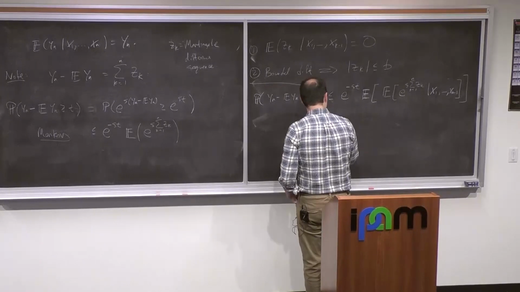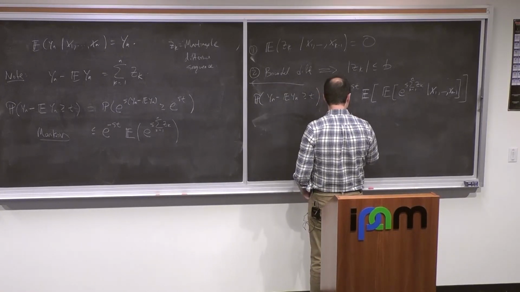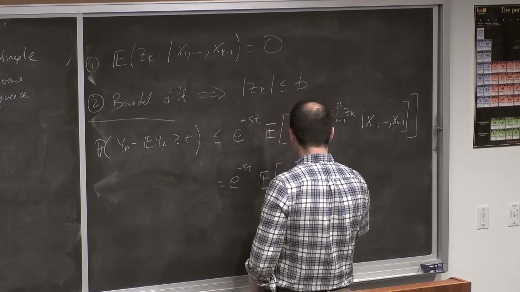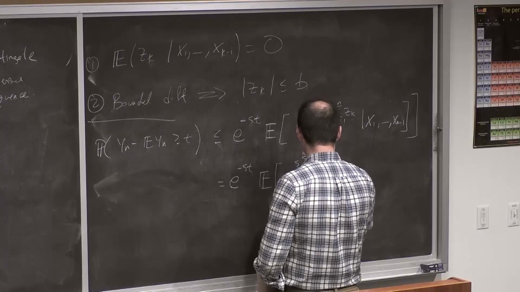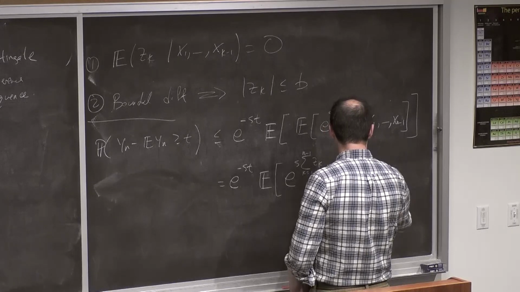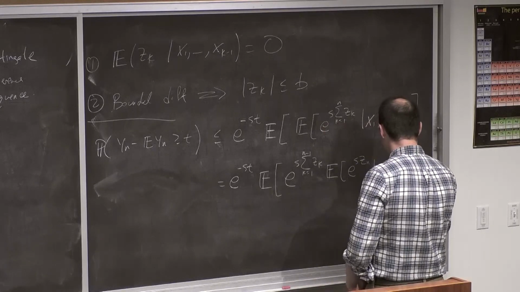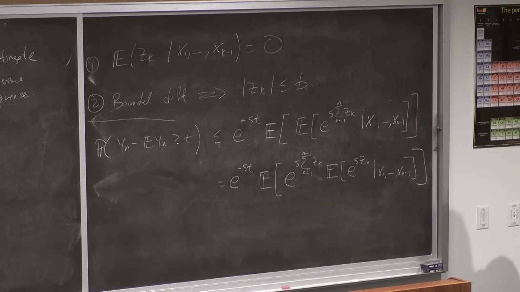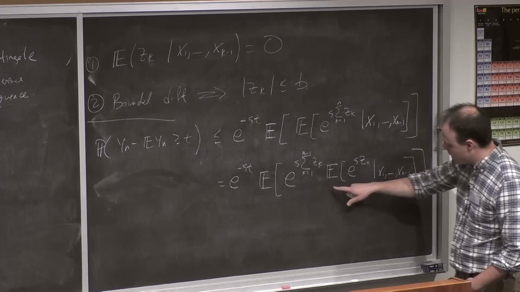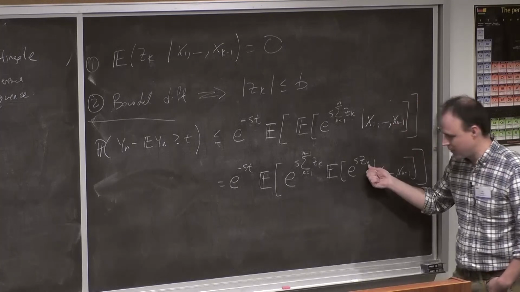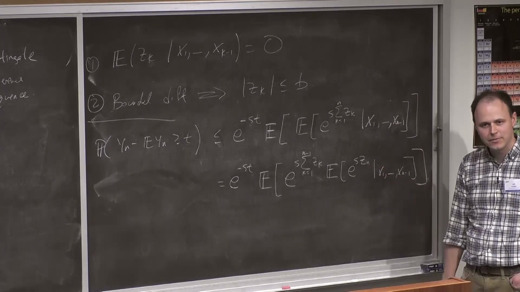So I can write this as e to the minus st, I can pull out e to the s times the sum k is 1 to n minus 1 of zk, and then the expectation of e to the s zn, conditioned on x1 through xn minus 1. And this is the kind of thing where I'm going to use the Hoeffding lemma I had before to bound this. It's essentially the same thing. It's the moment generating function for the random variable zn, conditioned on all these guys.